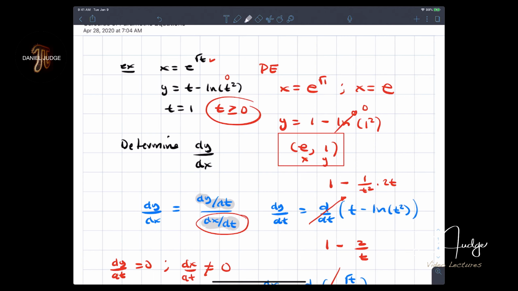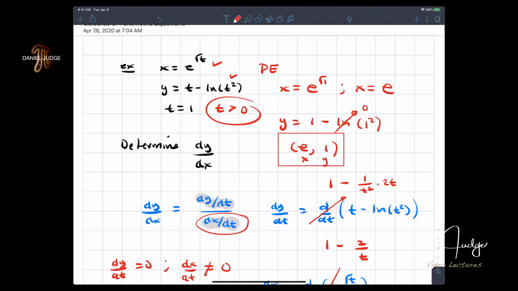So we have to look at the domain here because it has to satisfy both. If I only look at the x coordinate, I'd consider t greater than or equal to 0. But the natural log of 1 is 0, so we have to remove the equal to 0.